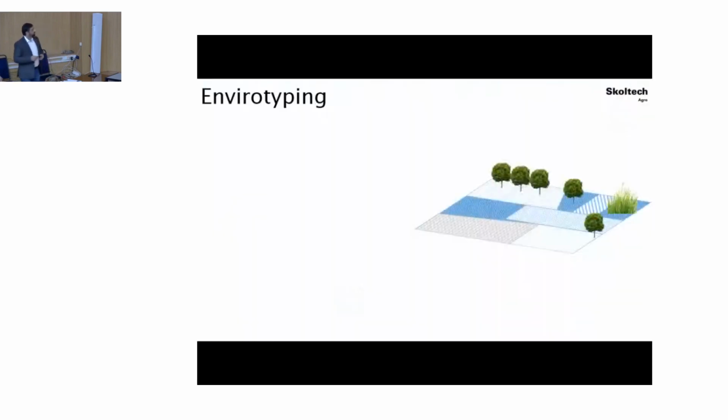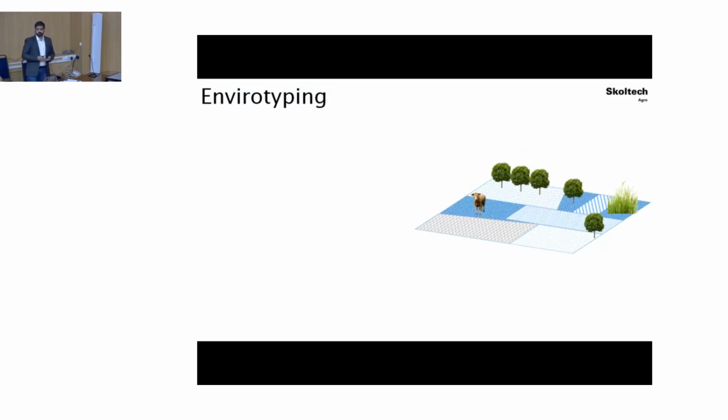So to do that, lately we have been concentrating on something called envirotyping. So are you guys aware of genotyping and phenotyping? Right? If you're not, genotyping is basically classifying based on your genes or genetics.